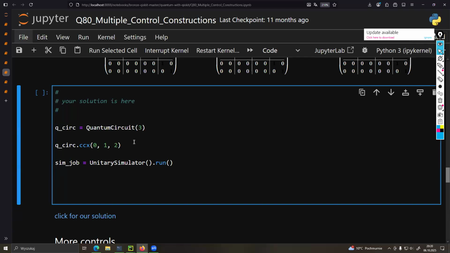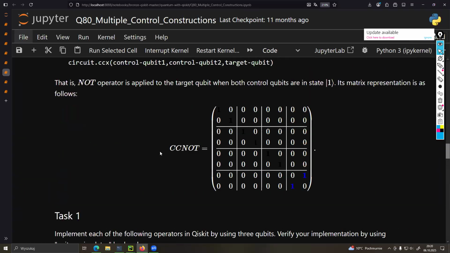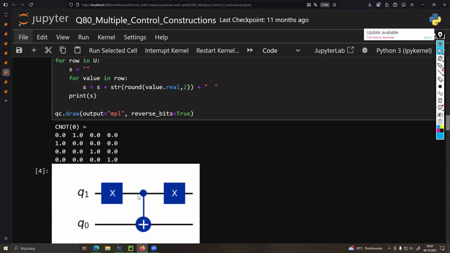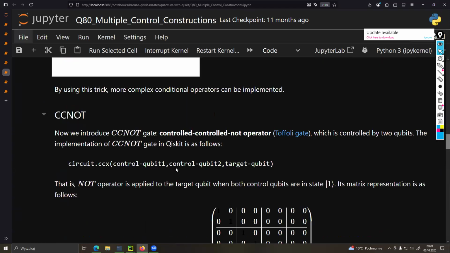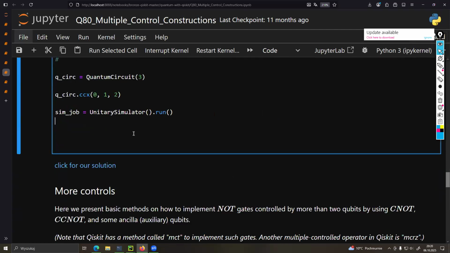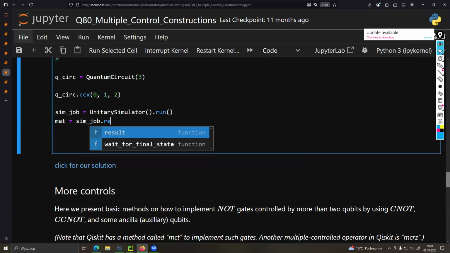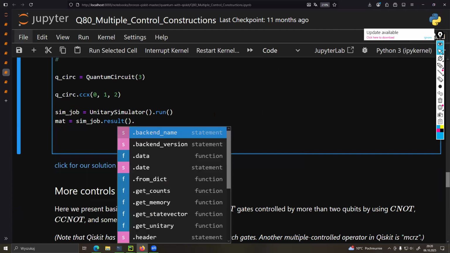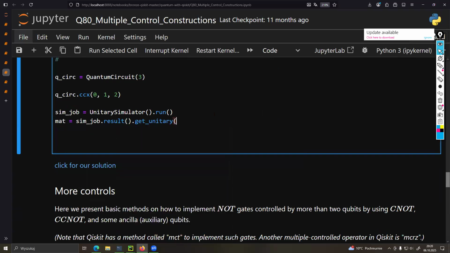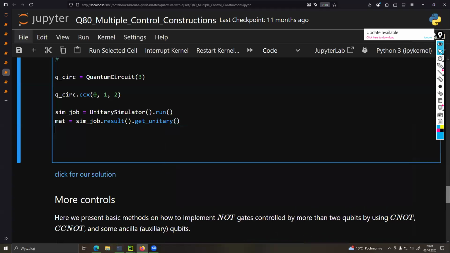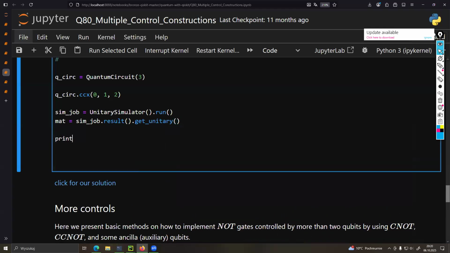And what we will do is exactly this. So result dot get unitary, and we will print matrix.